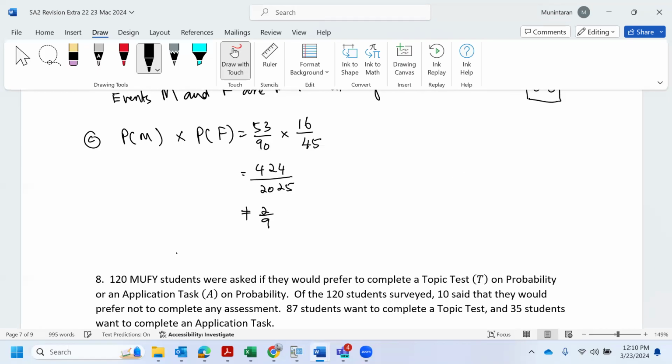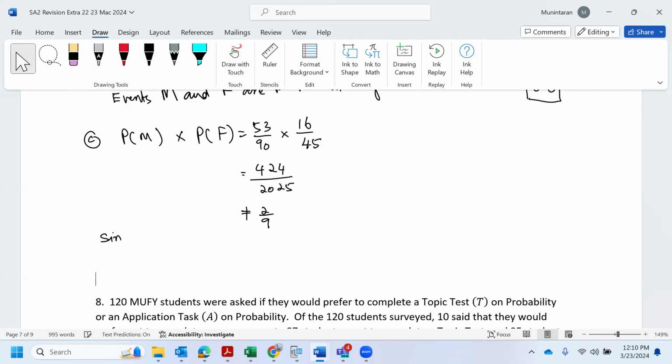Okay, so you're going to say that since the probability of male times the probability of futsal is not equivalent to the probability of them overlapping, you must find manually and calculate one by one.